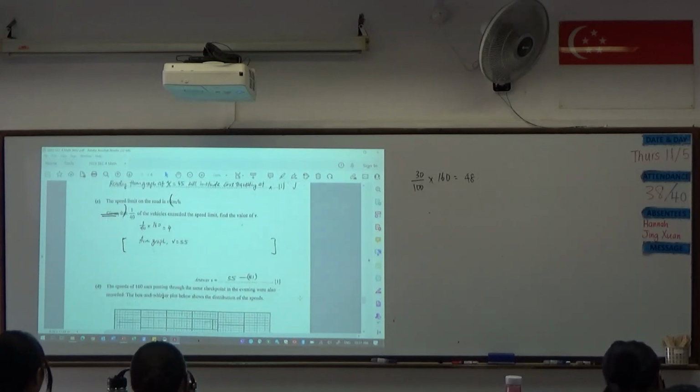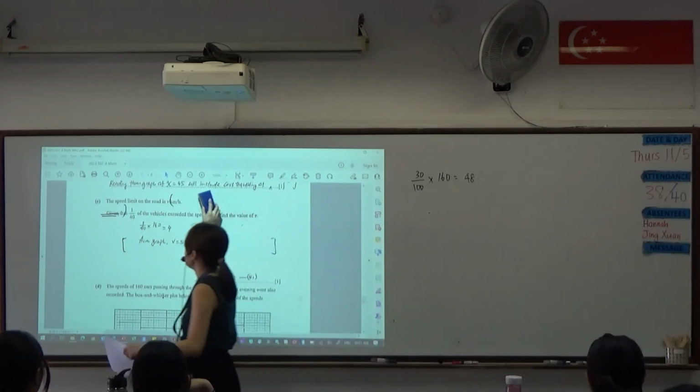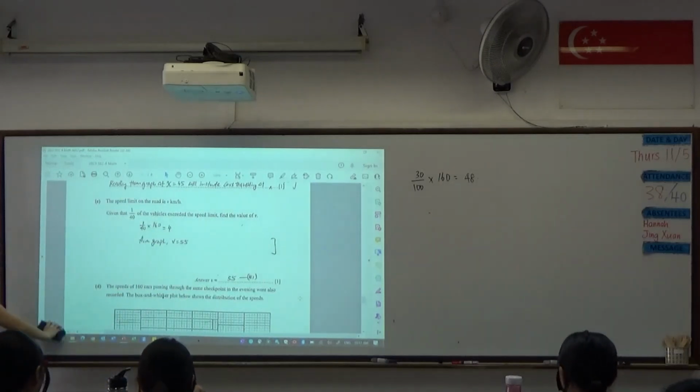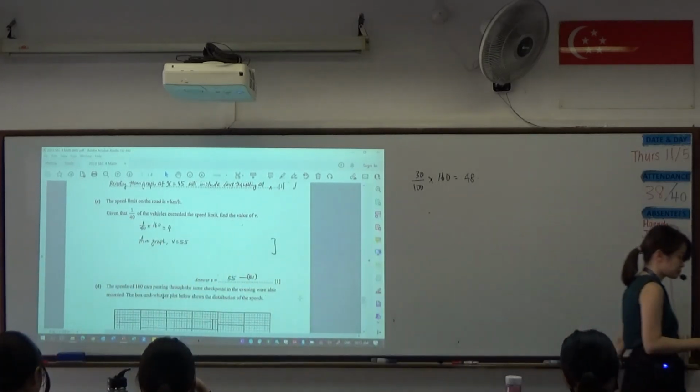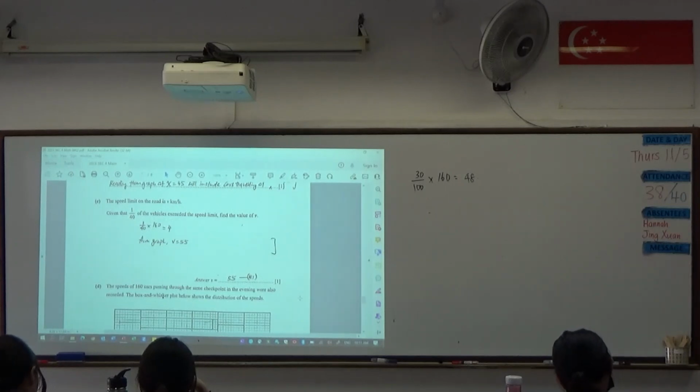Moving on, part C. It says that the speed limit on the road is v kilometers per hour. Given that 1/40 of the vehicles exceed the speed limit, find the value of v. That value will be 55. So you take 1/40 times 160 to determine the number of cars.